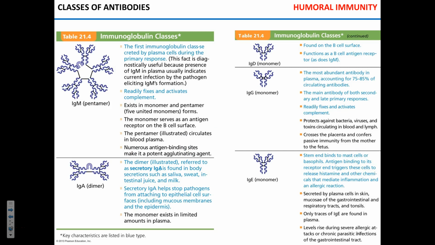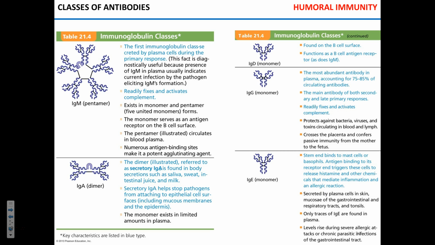Now, you have a patient. Patient has a disease. You suspect that it can be something dealing with its immune system. You need to know which antibodies to look for.